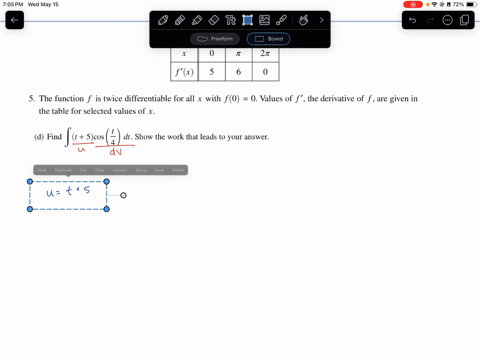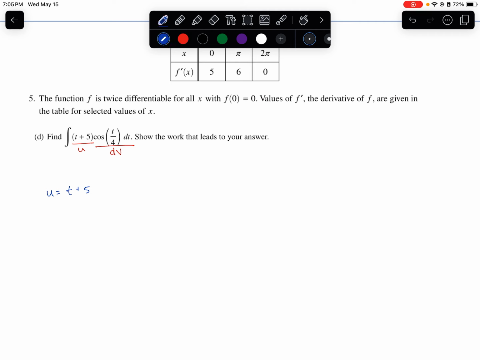So I'll say u is equal to this right here. I'll let dv be equal to cosine of t over 4 times dt, and du will be equal to just dt. The derivative of t is just 1 dt, so there you go.